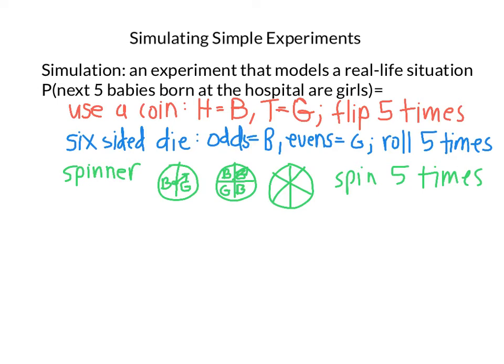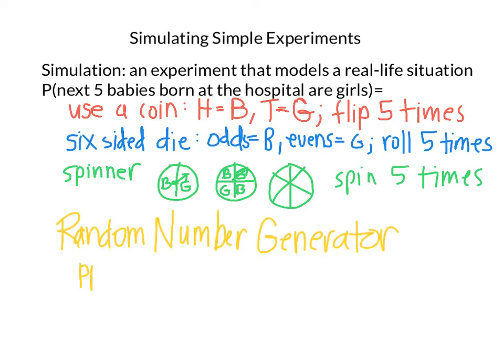And these are everywhere now. We have them on the calculators we use in class, which are TI-30 XS or something like that. It's under the PRB button. And then you arrow over to RAND-I, which means random integer.